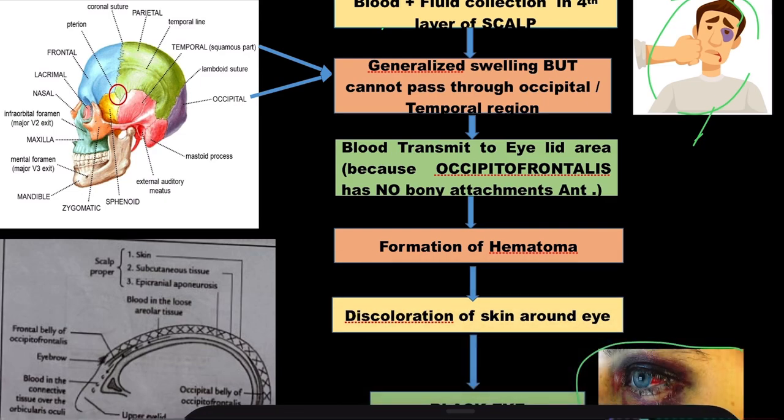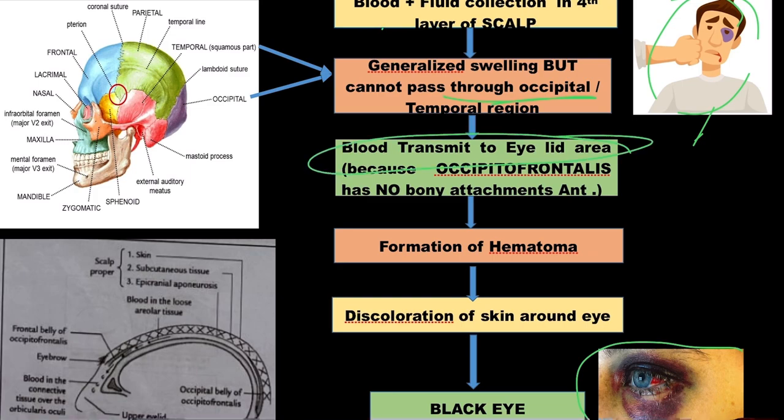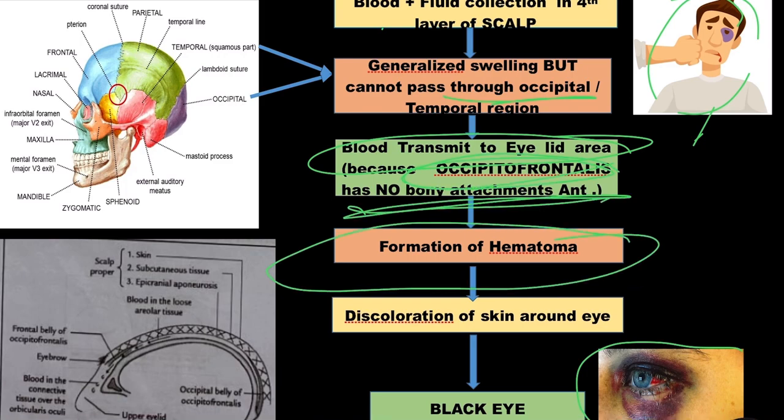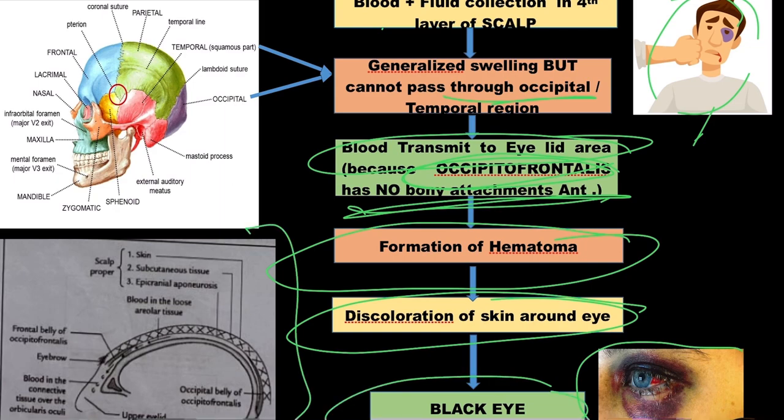Here we say that the blood cannot pass through our occipitotemporal region and the blood get transmitted therefore very slowly to the eyelids, and because the frontalis muscle have no bony attachment, it leads to the formation of hematoma, that is discoloration of the skin around the eye, and it leads to the black eye. Here it is a complete description of this as well. So we have mentioned in the previous slide that there is the safety valve hematoma, and that is also the anomaly related to our fourth layer, and that is very easy.